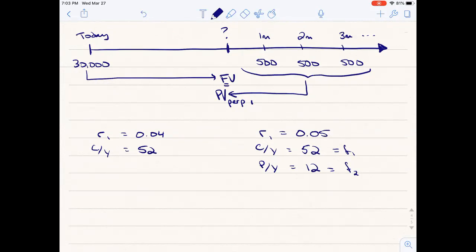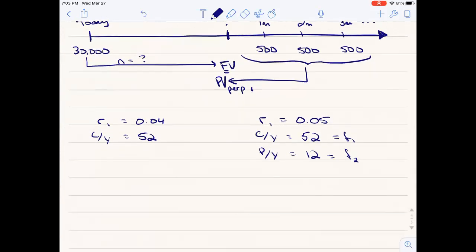Once you have the present value of the perpetuity, you know that's the future value of just your compound interest section. And then you can find n. I'll put a little subscript 2 on the future value, even though it'll be the same value as the present value of the perpetuity.